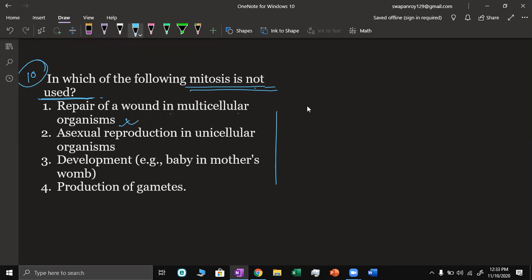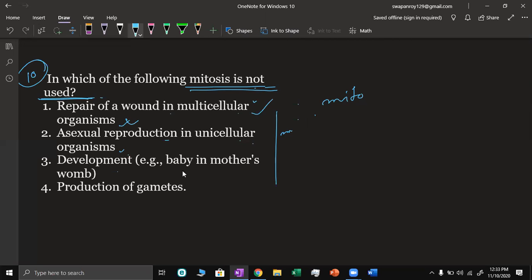This healing of a wound means new cells are formed. This is carried out by mitotic cell division. So here mitosis is used. Asexual reproduction in unicellular organisms also takes place by mitosis.